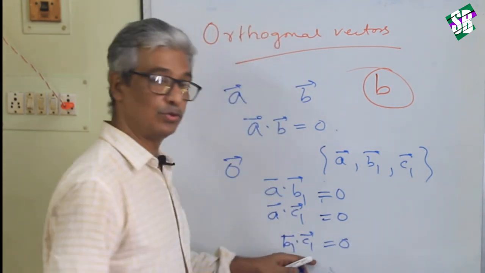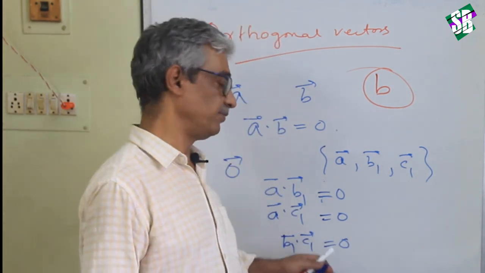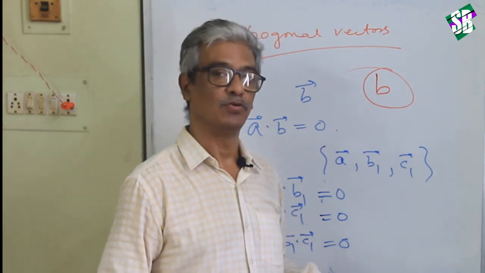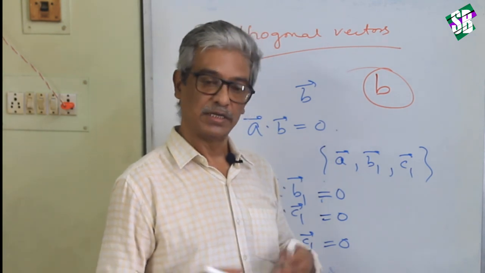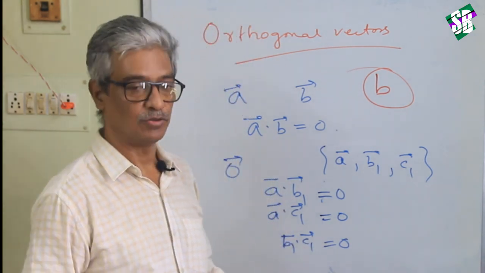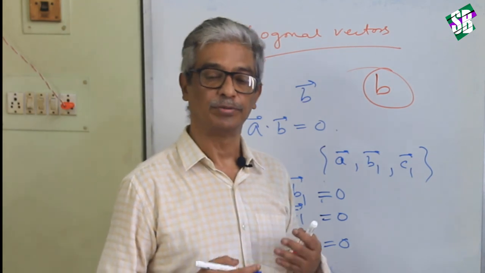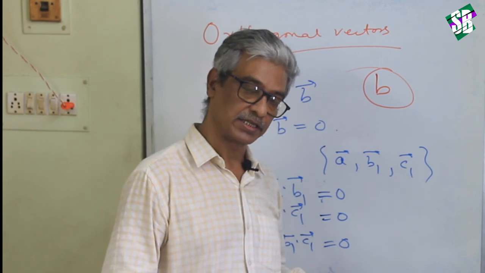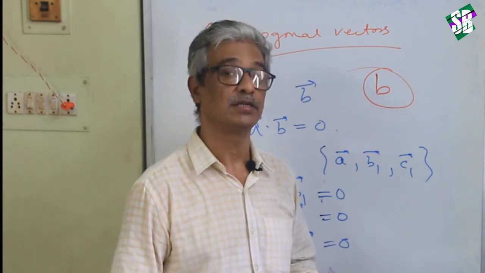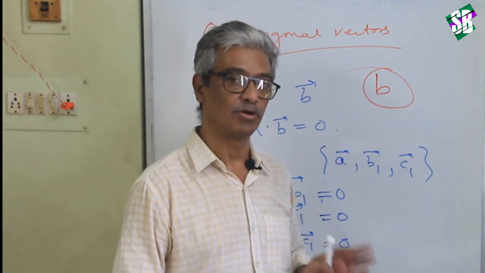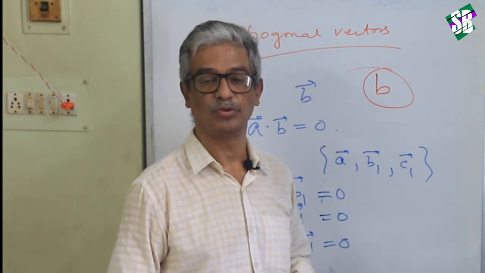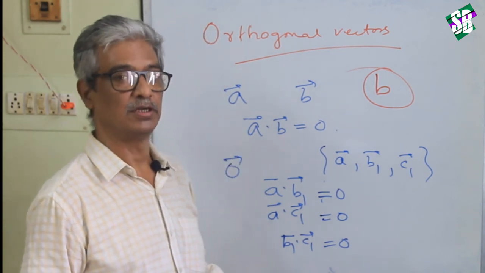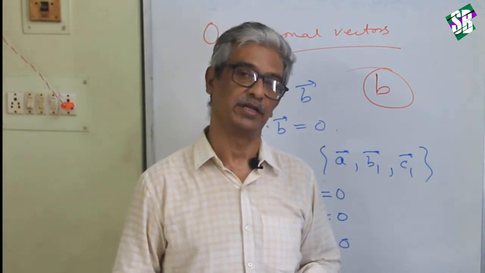If it is 0, then option A is correct, and if it is not 0, then option A cannot be correct. Then go for option B. If option B is correct, then you got your answer, and if option B is not correct, then go for option C. If option C is correct, then option C is the correct answer. But if option C is not correct, then you don't have to check option D, because option D is the only option left which is mandatory to be true.